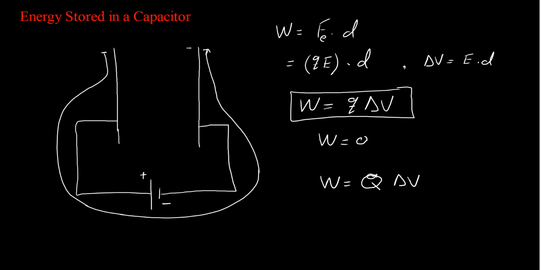From here we can think of it as the average work done in the middle, and that gave us the formula of the work: half of the charge multiplied by the potential difference between the two plates. So from this formula I can calculate how much work is done to move the charges between the two plates of the capacitor.